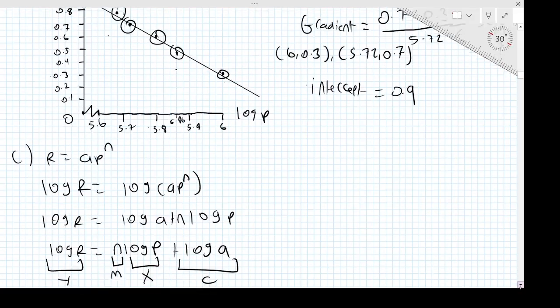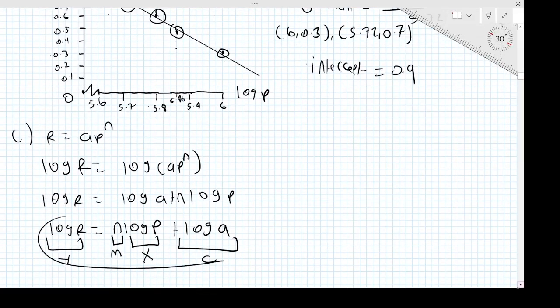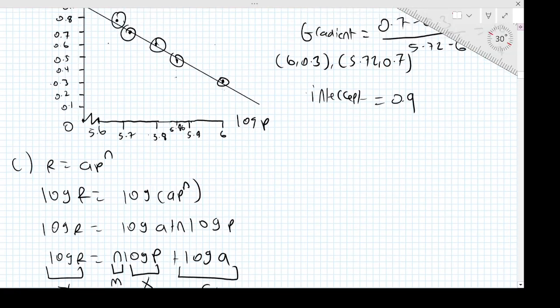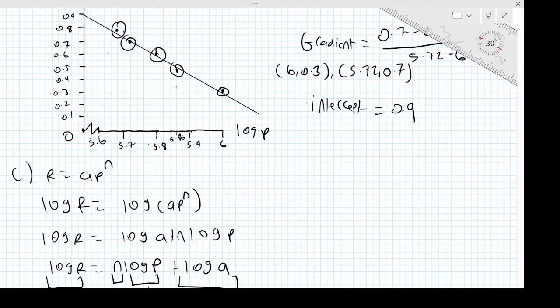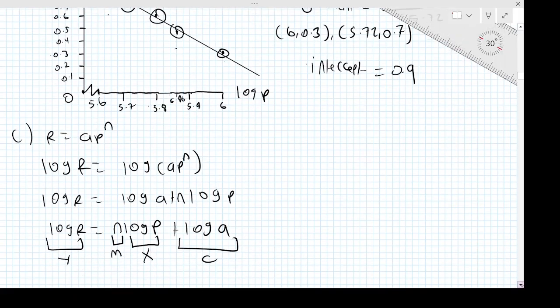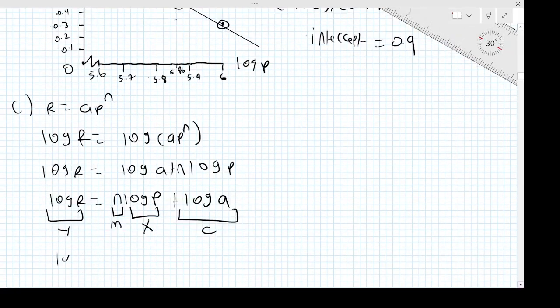If I compare with my equation here, n is the gradient. We just saw that the gradient is negative 10 over 7. So I can say that log r is equal to negative 10 over 7 log p, and my intercept of 0.9.